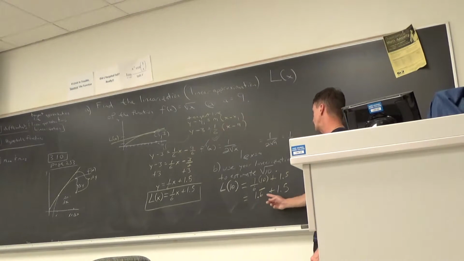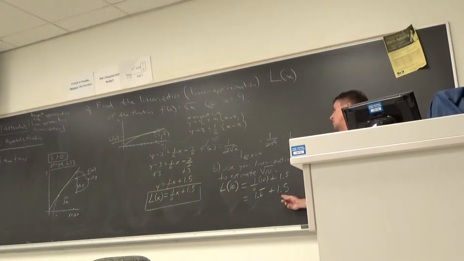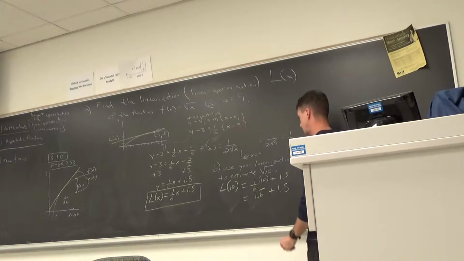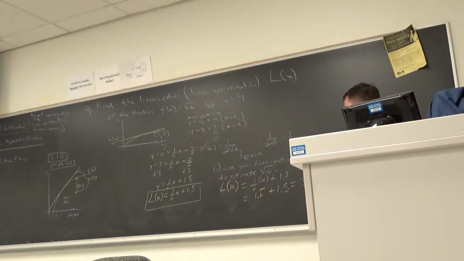All right, what's 1.6666666 plus 1.5? 3.1 something. Think about it. You have 1.666 and then you add 1.5. 3.1 and then a bunch of 6s. 3.166. So I'm going to put a line over it.